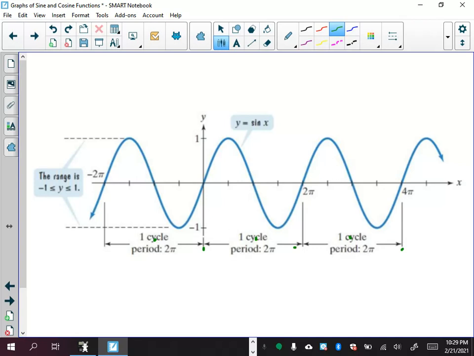We have 3 full cycles of 2 pi, which basically means I've gone from negative 2 pi, sorry about that, guys, all the way to 4 pi. So that is 6 pi, 3 cycles of 2 pi each. There we go. I found my words. So that is what this is talking about. All right.